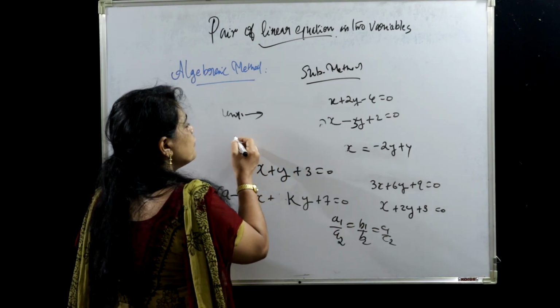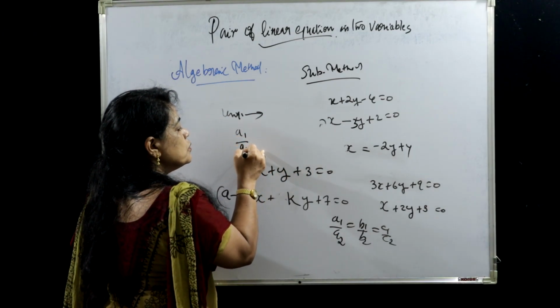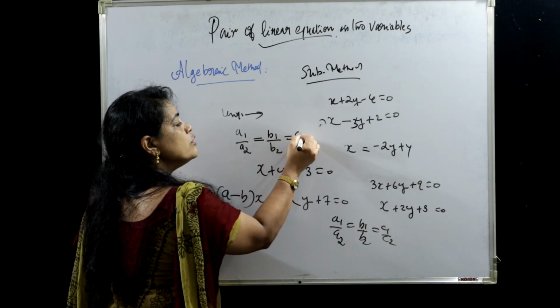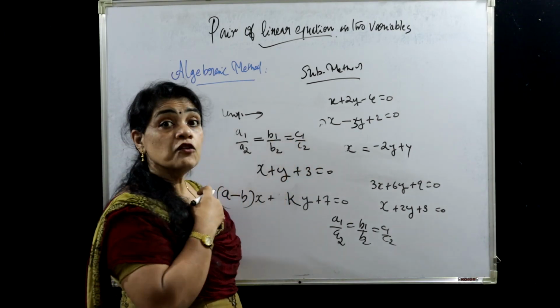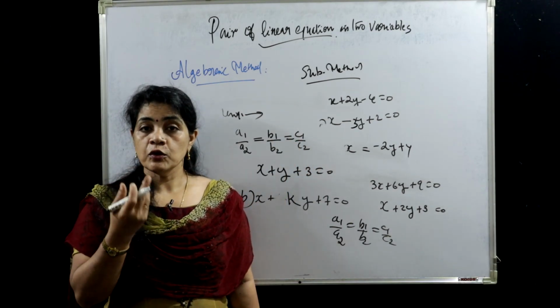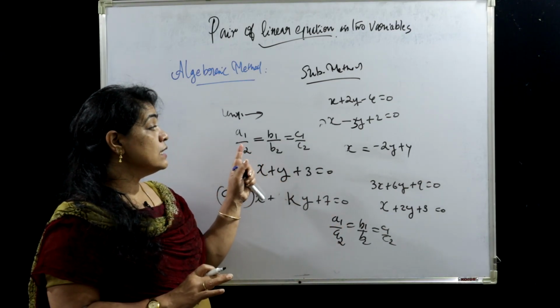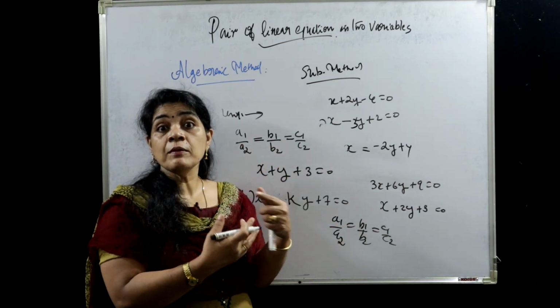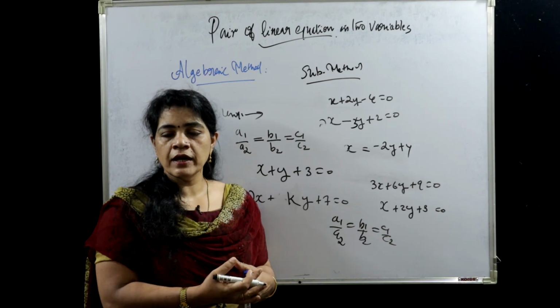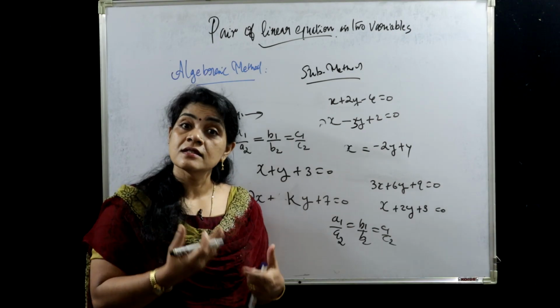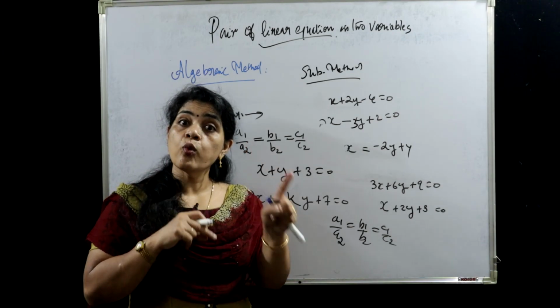And if a1 by a2 is equal to b1 by b2 is equal to c1 by c2, that is for infinitely many solutions. For a unique solution the system is said to be consistent, and in this case it has infinitely many solutions that the given pair may satisfy. So that system is also said to be consistent. That means at least one solution.